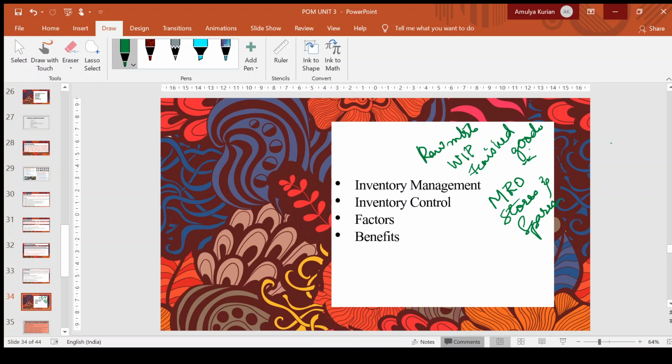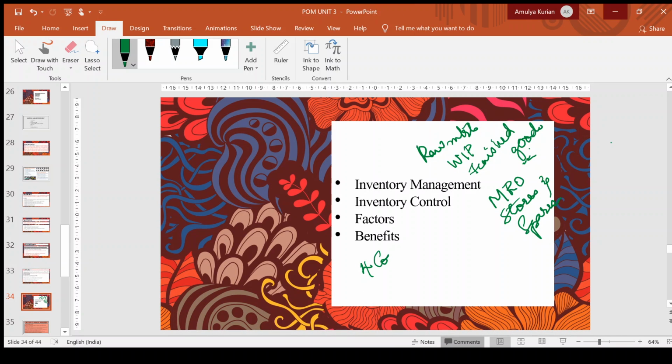So before going into further definitions, let us see what are the costs which are associated with inventory. Basically, there are four different costs associated with inventory. One is called carrying cost.